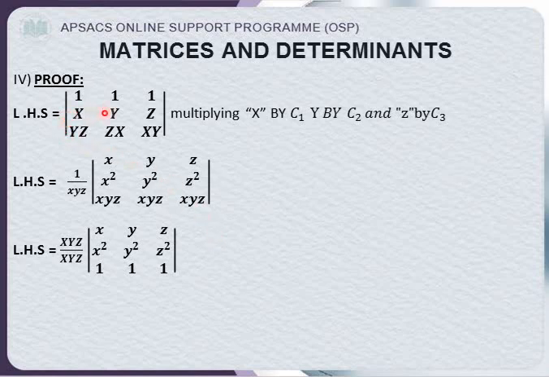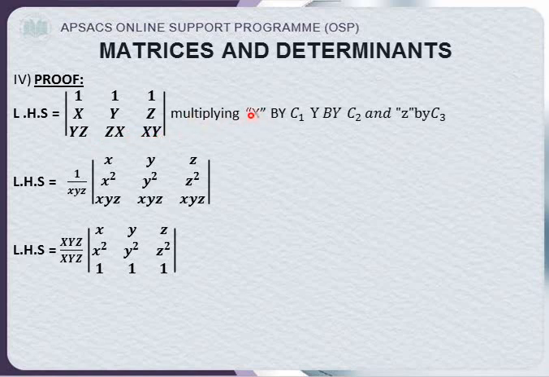Now part 4, again I am picking the left hand side. You can see there is a pattern: y, z, or I can say a, b, b, c, then it should be c, a. Now y, z, z, x, x, y.